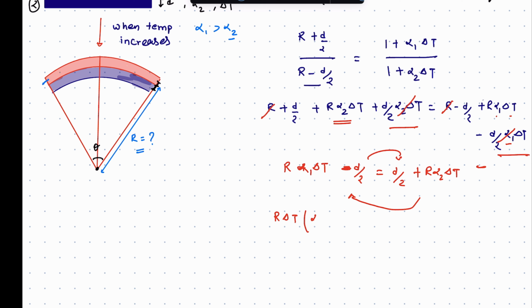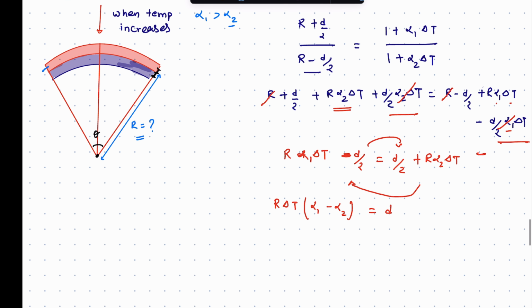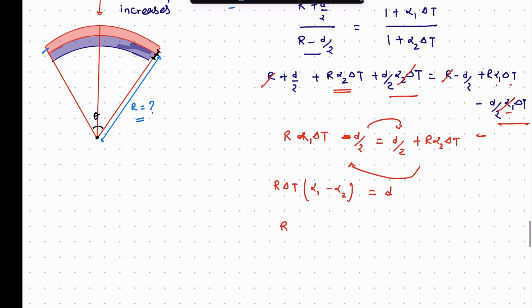Then here I have alpha 1 minus alpha 2 equals D. Because D by 2 plus D by 2 will become D, R will become D divided by alpha 1 minus alpha 2 times delta T.